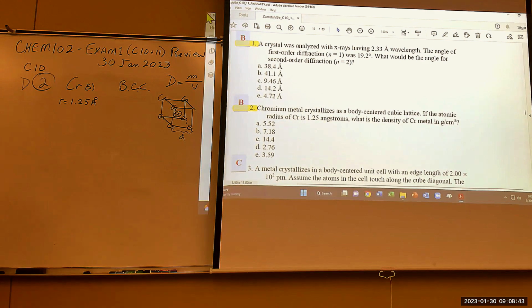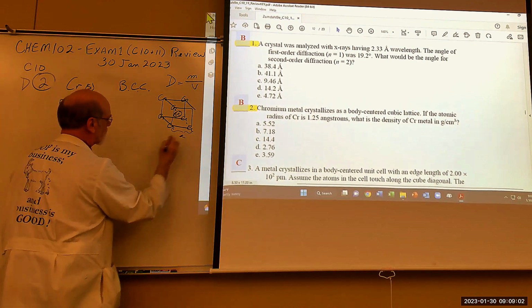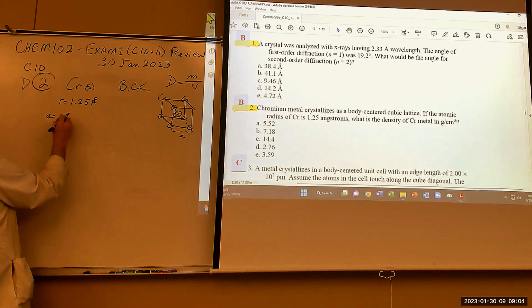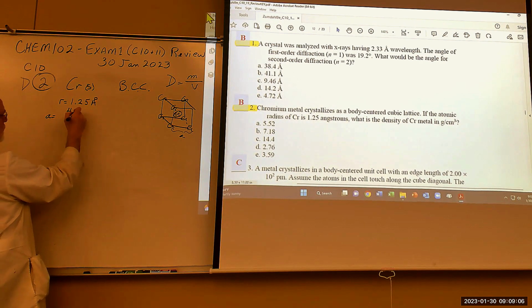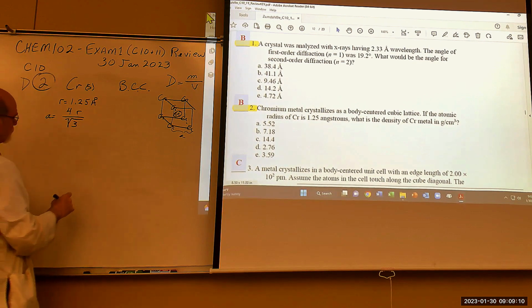Okay. So if you look in useful information, BCC, body center cube, the formula is 4R over square root of 3. They're using A, so let me be consistent here. A. So that distance A equals 4R divided by the square root of 3.